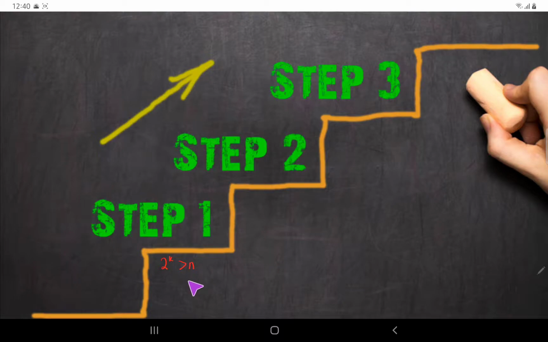So our n here is 31. So how to solve for k? We need to take the log or ln of both the left side and the right side, so ln of 2 power of k, and ln 31. So k, bring it in front, so k ln 2 is ln 31. So k is ln 31 divided by ln 2.